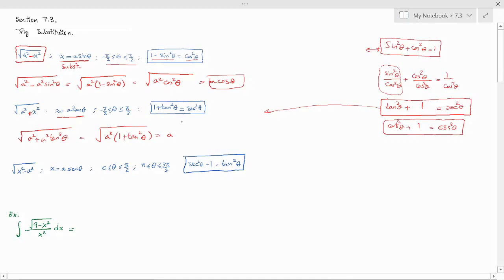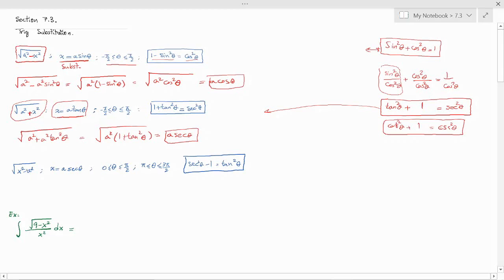This is the identity. So what we get at the end is a secant theta. Again, you can simplify this complicated square root by the choice of this substitution, and you'll end up with a secant theta. Then you can integrate and simplify.